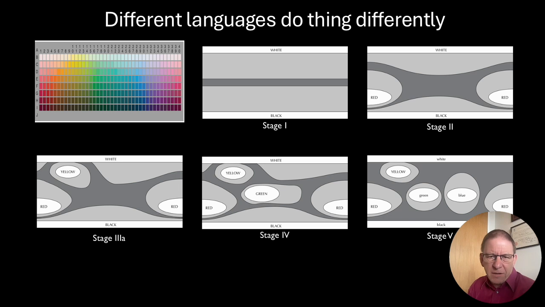Berlin and Kay's theory is that languages develop new categories in a particular order, likely in response to environmental stimuli. If a language has only 2 colour categories, they are light and dark. If a language has 3, then the third category is always red, the colour of fire and blood. Then comes yellow or green, then the other of yellow or green, then blue, then brown.